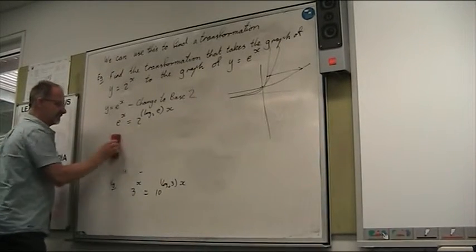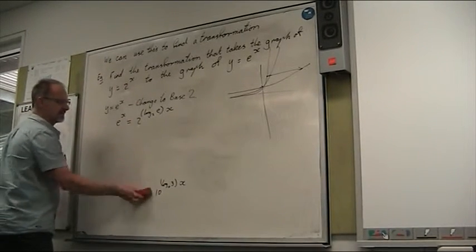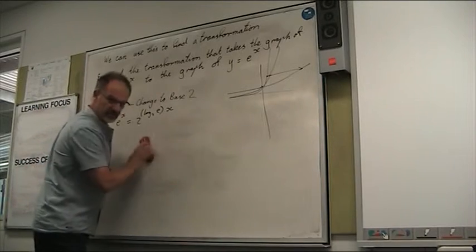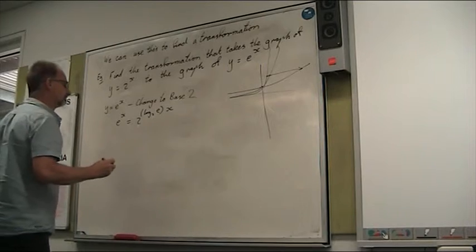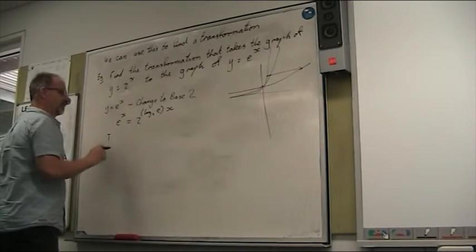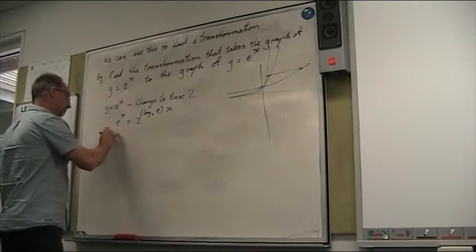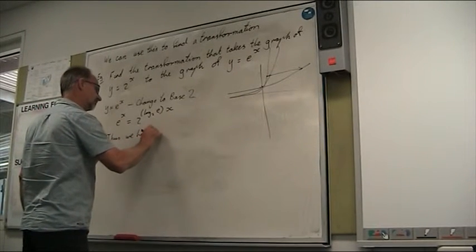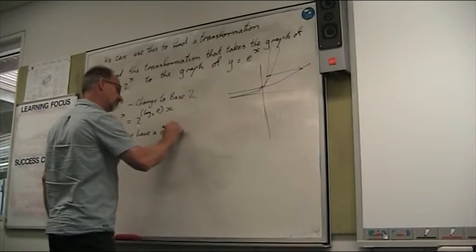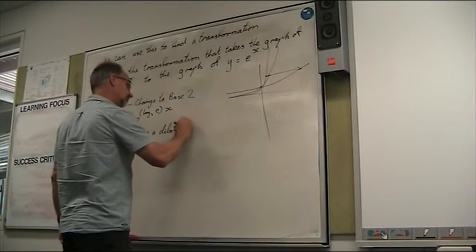So we've got a dilation from the y-axis. And what's the other thing we've got to remember about dilations from the y-axis? It affects the x. This is relatively simple.